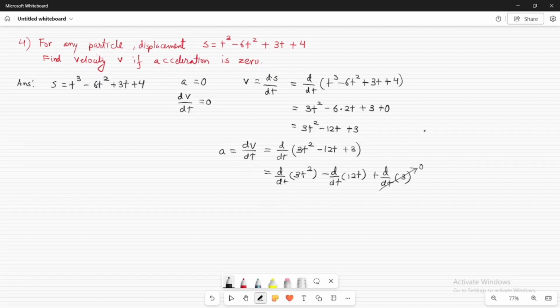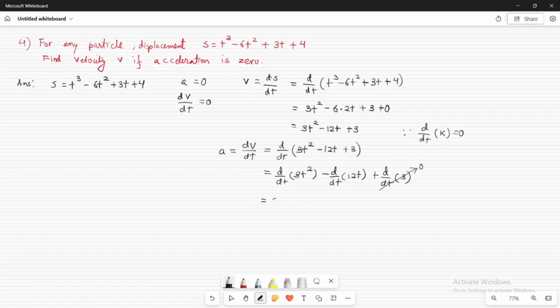Now we know that d by dt of 3 is 0 because the derivative of a constant equals 0.